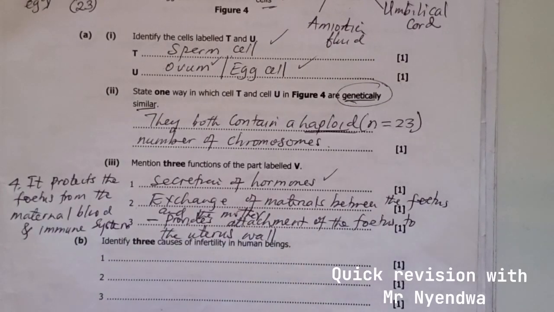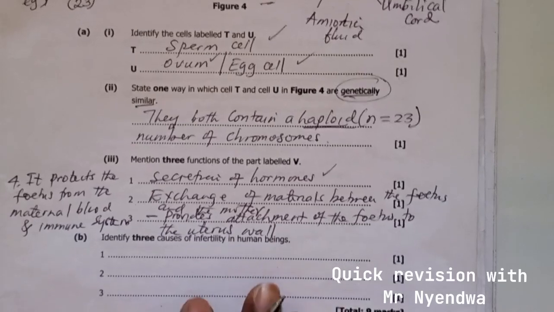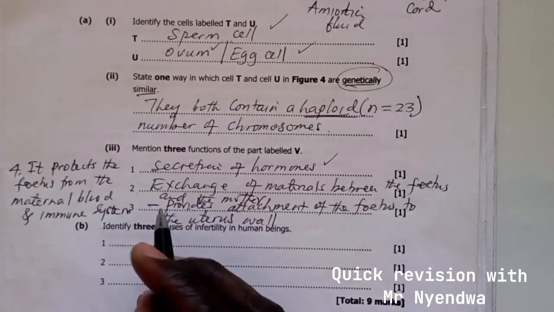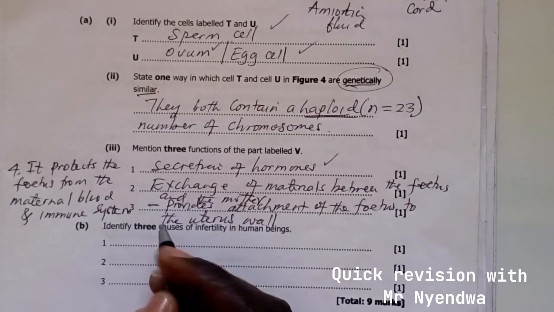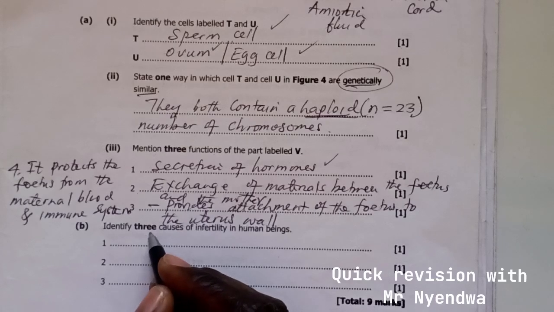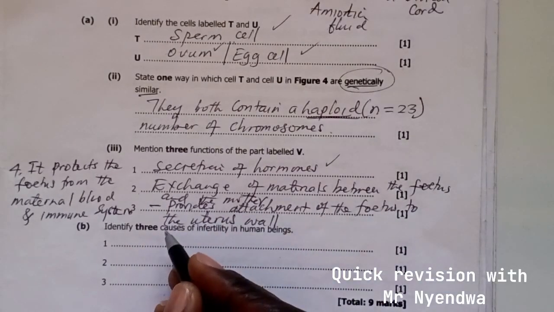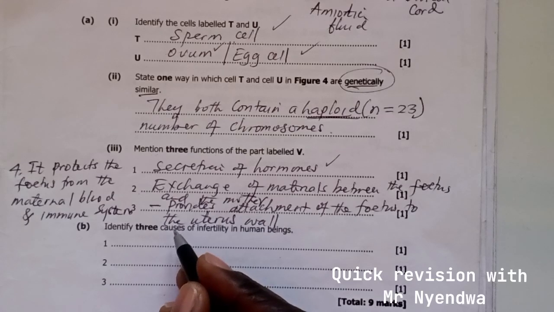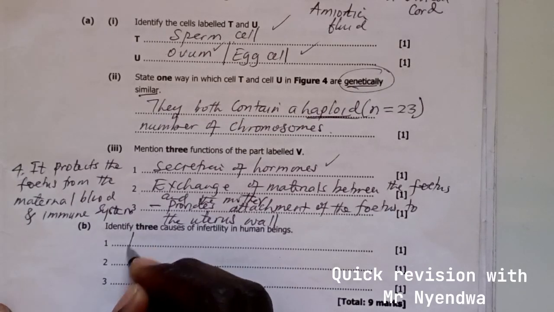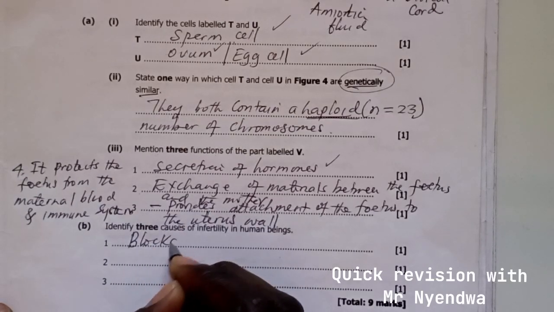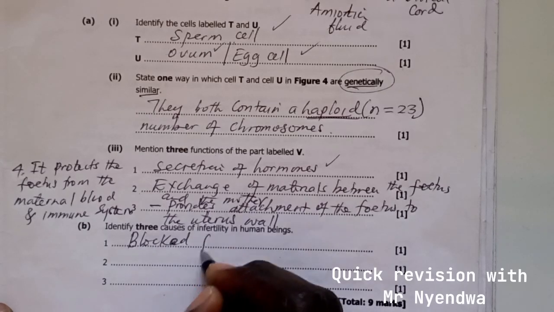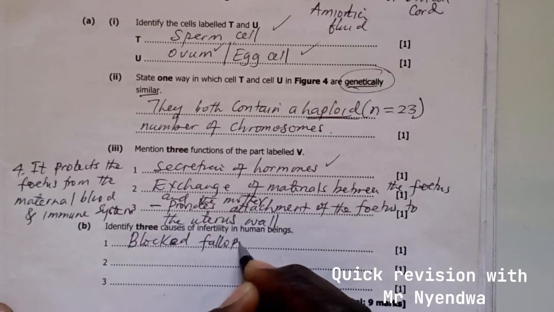Then the question says, identify 3 causes of infertility in humans. Infertility may be caused by a lot of things. This is a general question. It doesn't say whether in male or female. You can simply talk about blocked fallopian tubes.